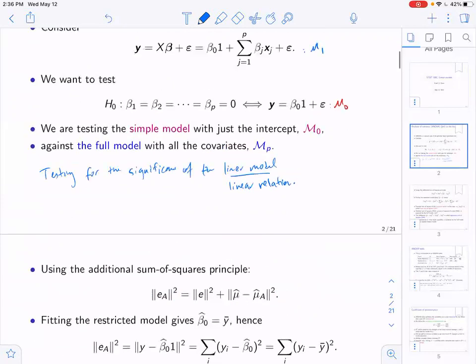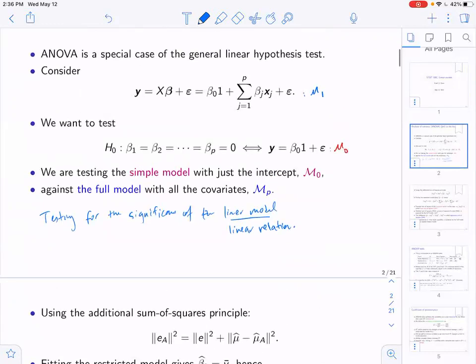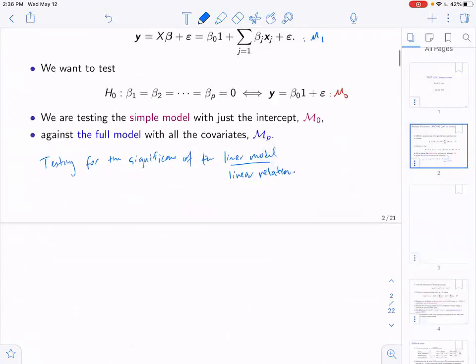So does anyone know what happens when I fit the restricted model, which is M naught? What happens when fitting the restricted or null model?